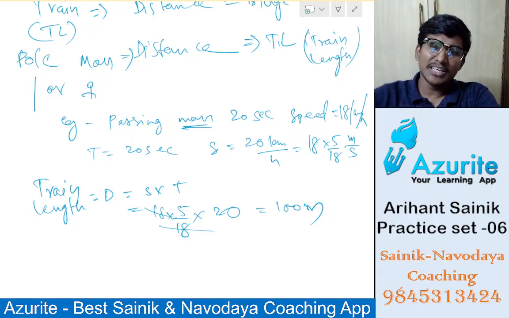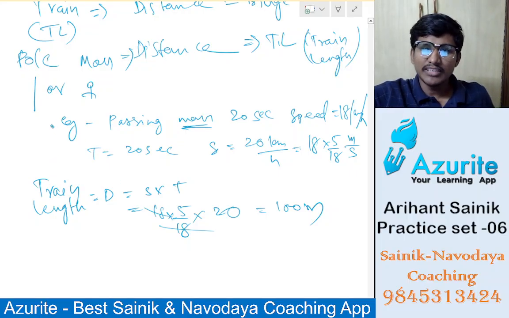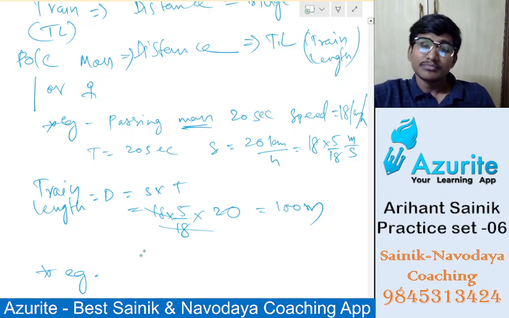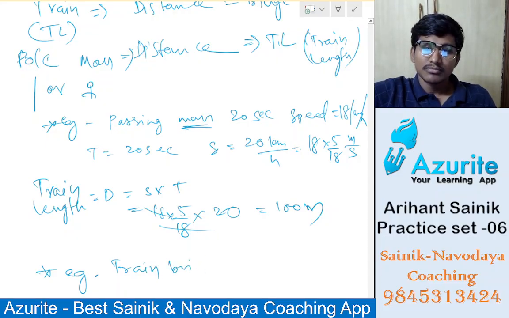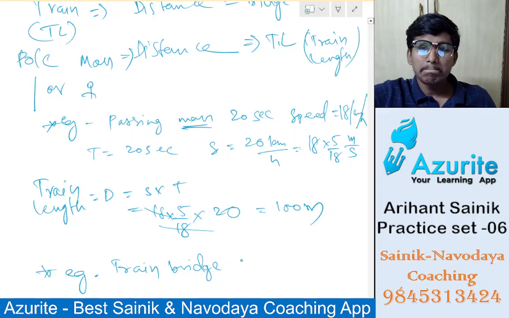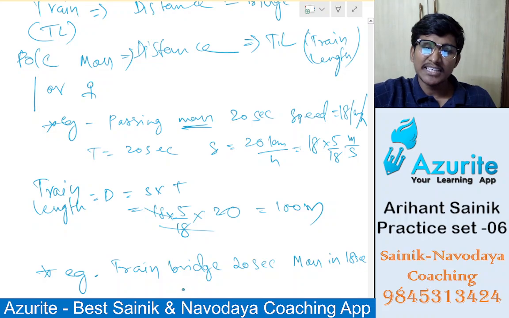Let us take one more example. They tell that the train passes a bridge in 20 seconds and a man in 18 seconds, and the speed is 36 kilometer per hour.